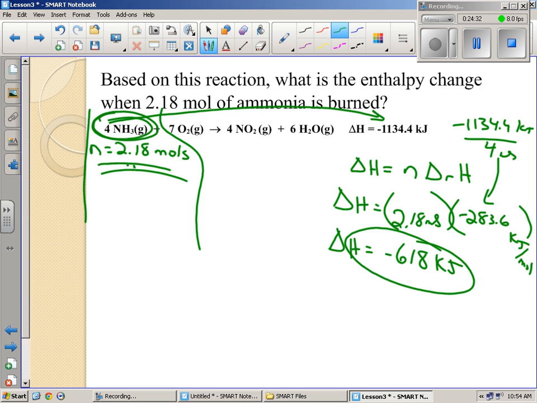Negative 618 kilojoules is how much heat is going to be produced by burning 2.18 moles, okay? 3 significant digits, 2.18, so we should have 3 in the answer, yes? Okay, 618, 3.